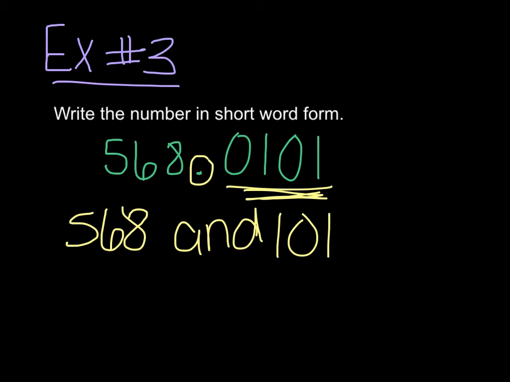Remember, short word form combines numbers and words. So the 101, remember we look now at the last place, and that is 4 places over. So if you look at your decimal right here, you go 1, 2, 3, 4 places.